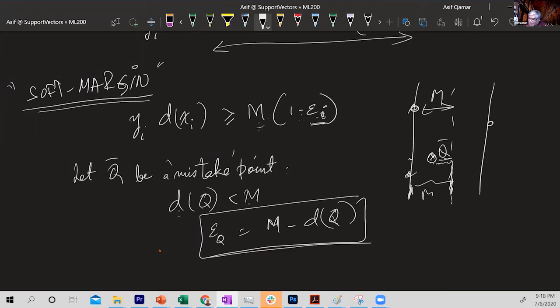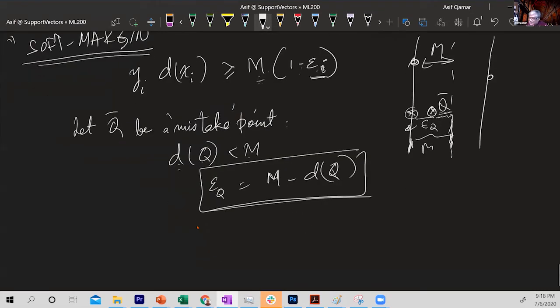It is instead here. It should ideally have been here, but it is here. So this is the mistake epsilon Q, or the penalty that you're allowing for, the softness that you're allowing for. Got it. Thank you. And that is essentially the point that we are making here. And so you allow for some mistakes.